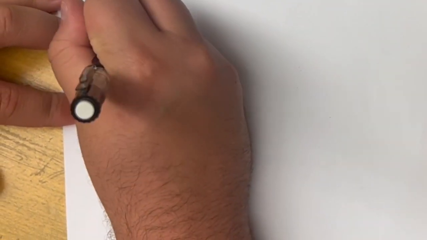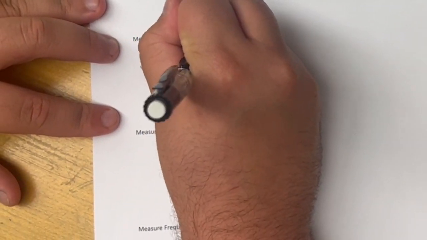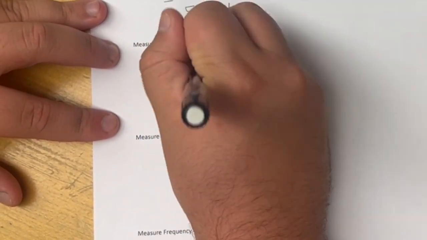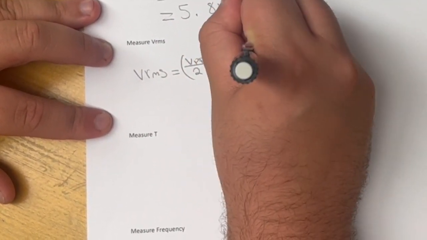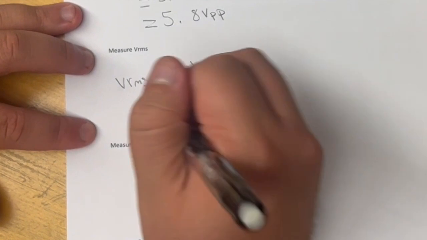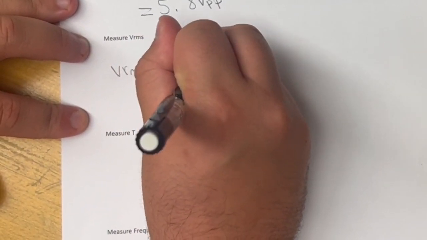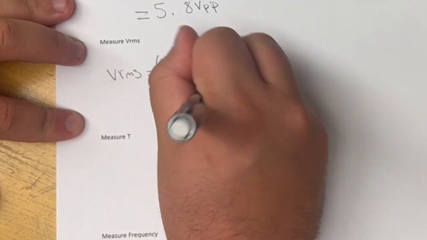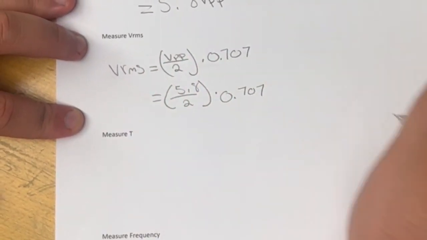Now that we have found our VPP, we're going to start off with our VRMS measurements. Our VRMS is going to equal our VPP over 2 times 0.707. We're going to write this equation as 5.8 over 2 times 0.707.